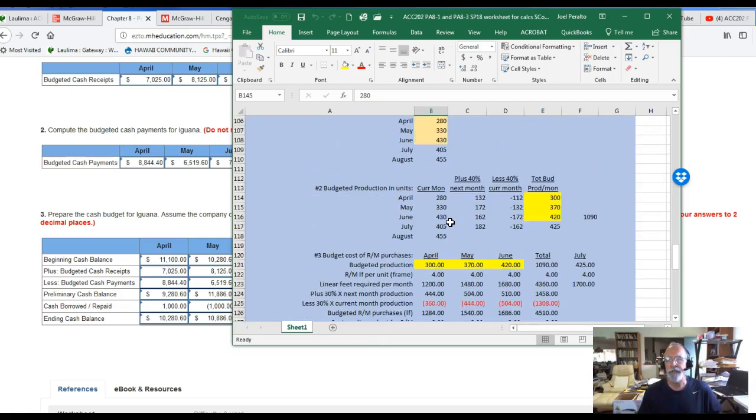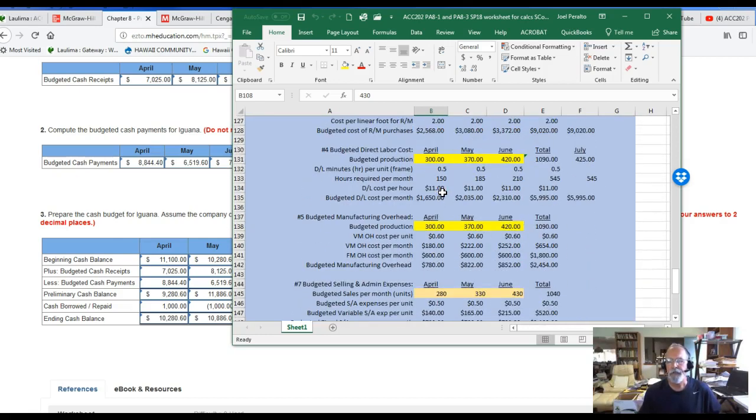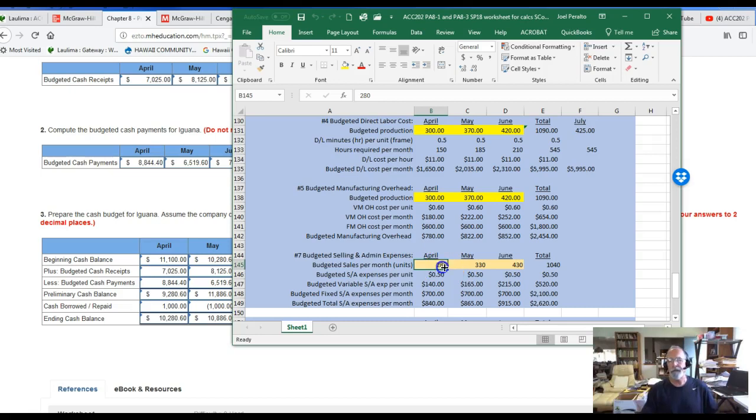So we go back to that information given in the problem. Sales for April 280, May 330, June 430. Those are the numbers we use for this calculation for budgeted selling and administrative expenses.